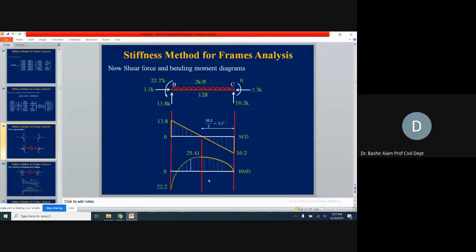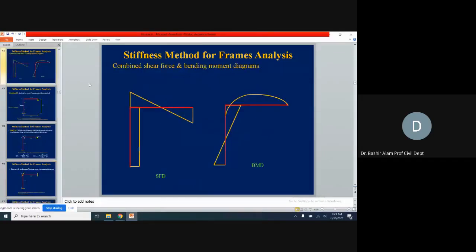Now we are in a position to draw the shear force and bending moment diagram for this one. This is a routine matter now, drawing the shear force and bending moment diagram. After this, you can combine the shear force and bending moment diagrams for both members.